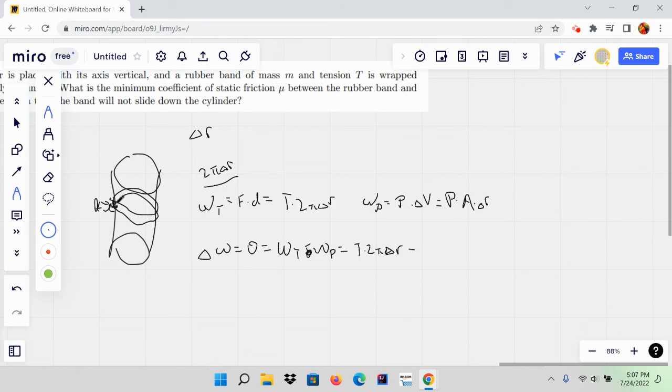Because volume is equal to A times delta r. So if we plug in this value for work, we get P times A times delta r.